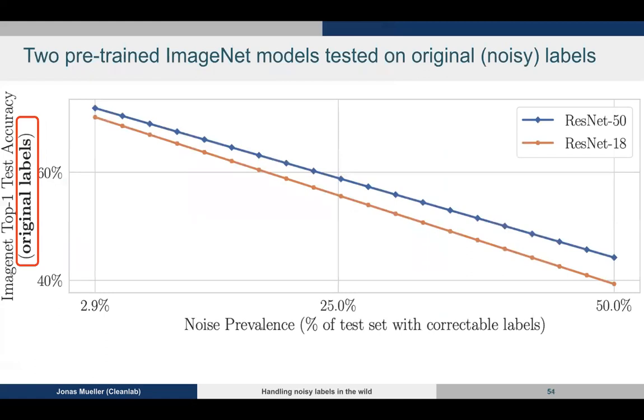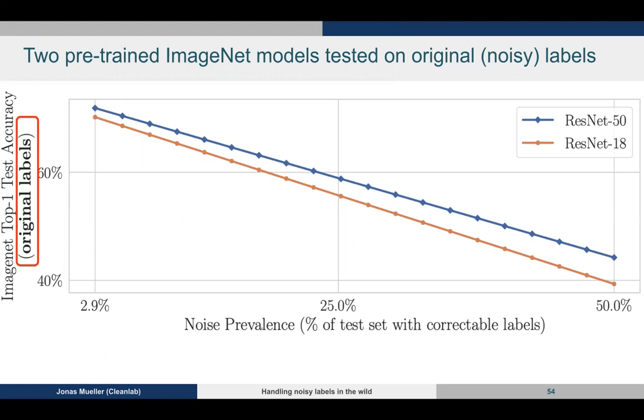And so here we take two machine learning models, a ResNet 50 and a ResNet 18, and we're just looking at their test accuracy for ImageNet on the original labels in ImageNet. What we did was we measured different test sets of ImageNet, just by sampling, where we increased the prevalence of errors versus not having errors in the test sets.